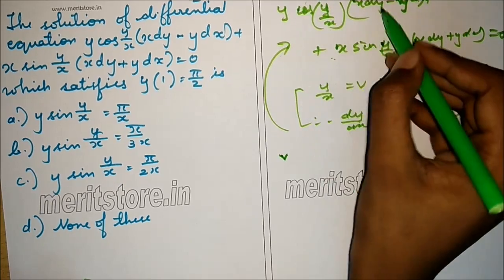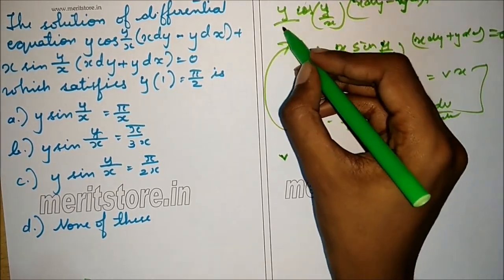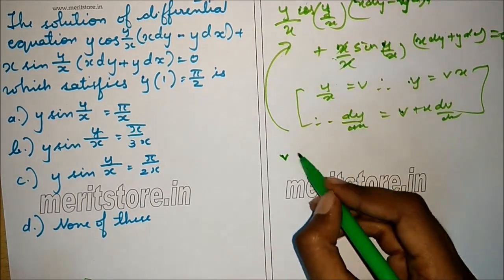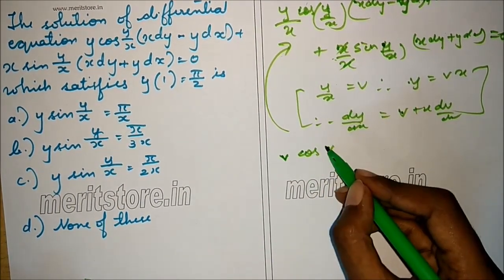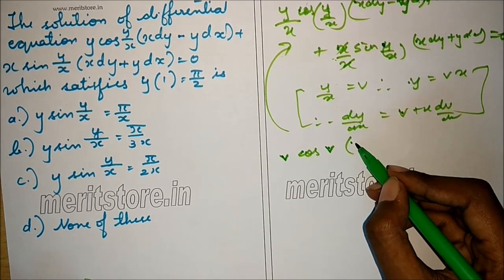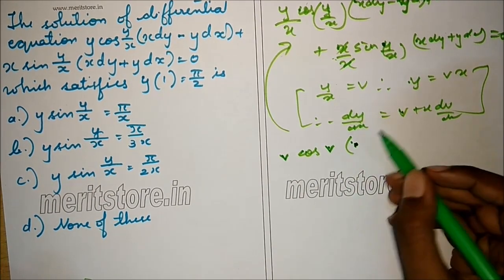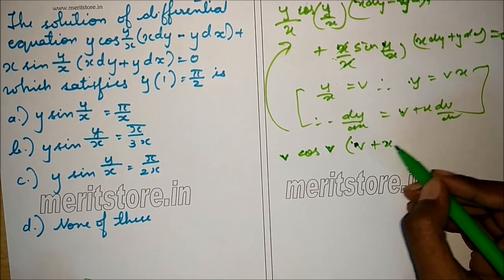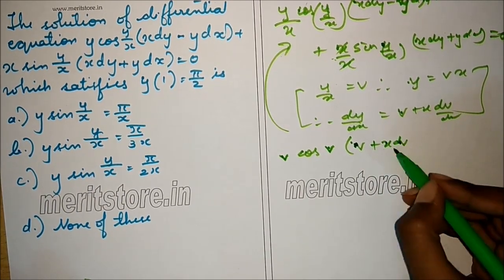First we divided throughout by x. If we divide throughout by x, we'll get y by x, and this will be x by x, so x gets cancelled. So y by x is v, cos v into (v plus x dv by dx).